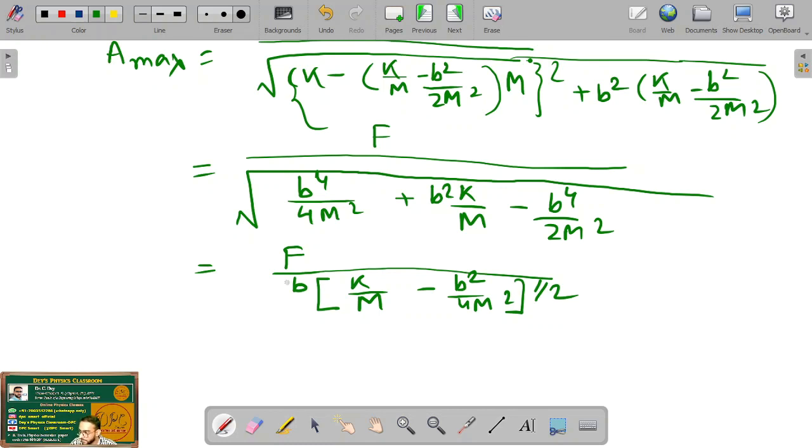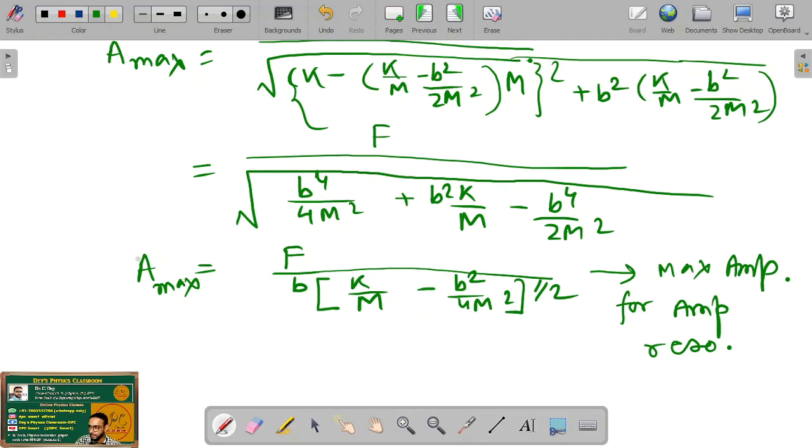So this is the amplitude resonance. So this is the expression for maximum amplitude for amplitude resonance.